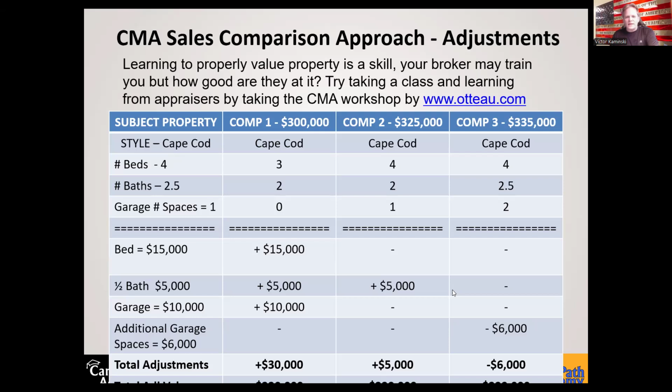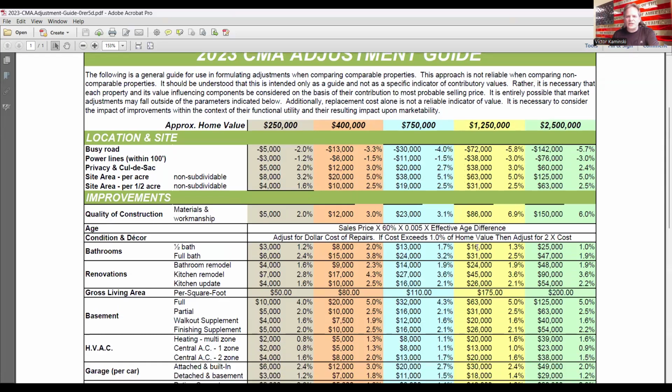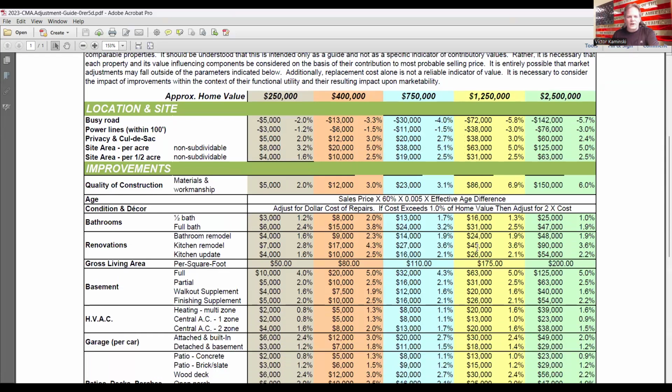So we've got a CMA adjustment guide. I know I have a newer one somewhere because I went to a class, but this is an older one from 2023. Here's another reason why I take this class. They give you adjustment guides like this. If you've got a house that's in the 250, 400, 750, 1.25, 2.5 million and above price range, how much of an adjustment would you make in the price if it's on a busy road?